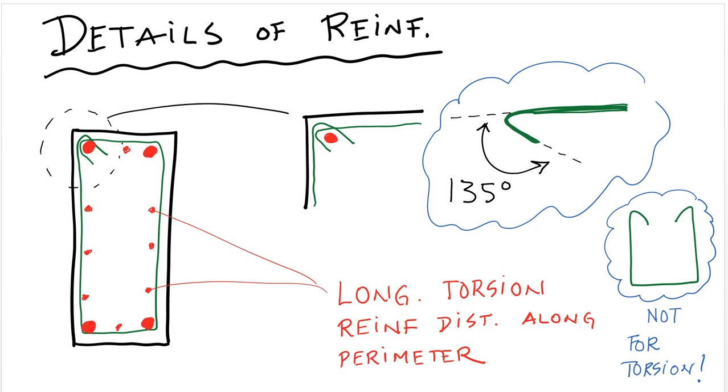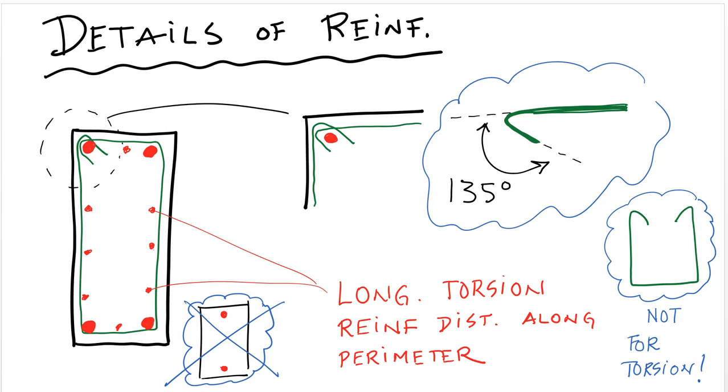So it is not acceptable for torsion reinforcement to have something where you just put a couple of bars, let's say one here and one here. That kind of torsion reinforcement is not acceptable.